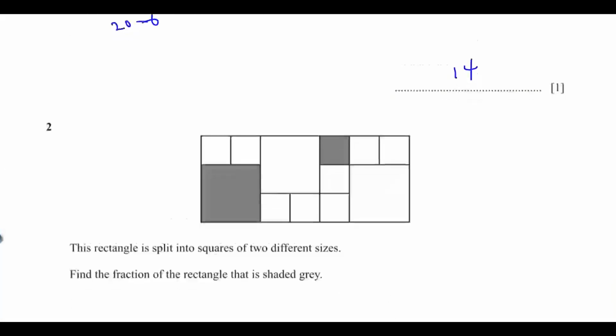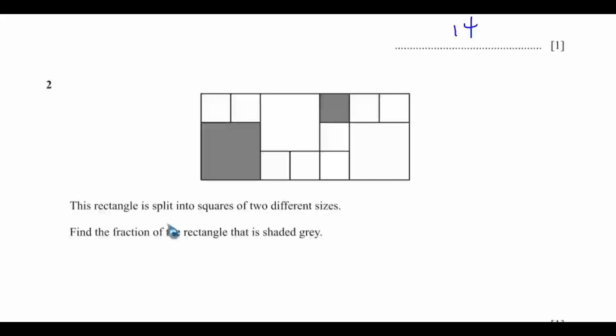Question 2. This rectangle is split into squares of 2 different sizes. Find the fraction of the rectangle that is shaded gray. Okay, so if you look at this, the total here is 21. Let's count like 1, 2.